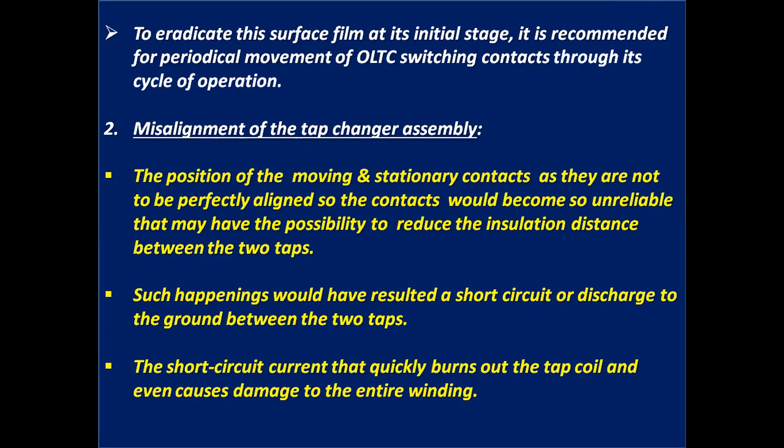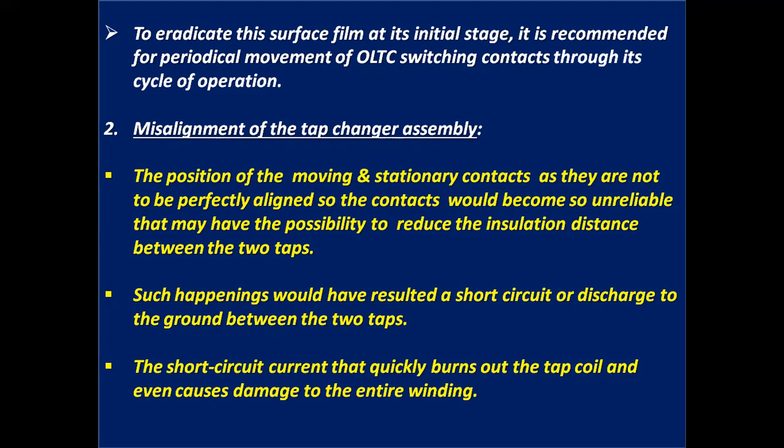Number two, misalignment of the tap changer assembly. If the moving and stationary contacts are not perfectly aligned, the contacts would become unreliable and may reduce the insulation distance between the two taps.